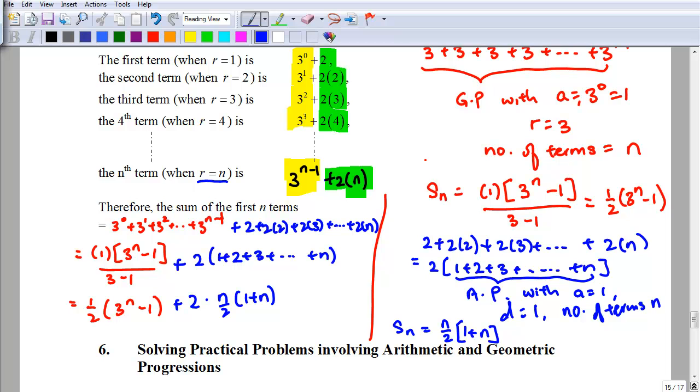So we will end up with the final answer as half 3 power n minus 1, then plus n and plus 1 here. That will be the final answer.